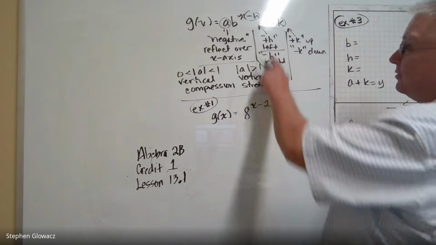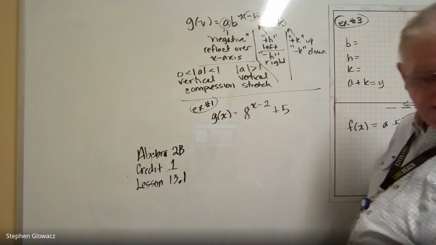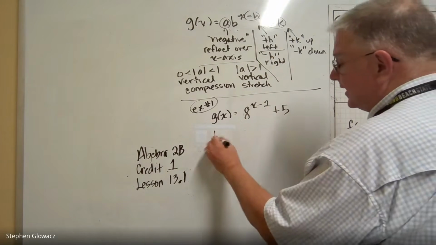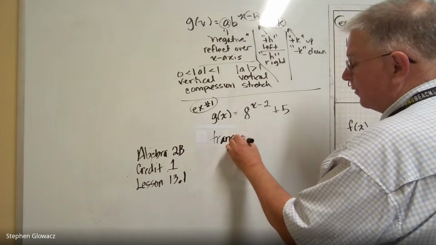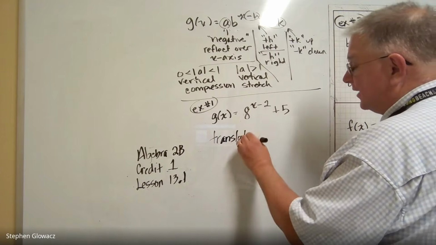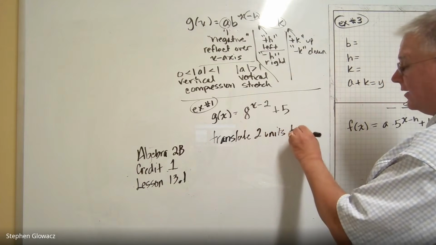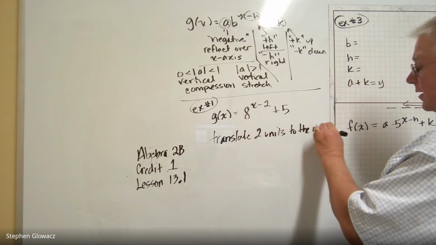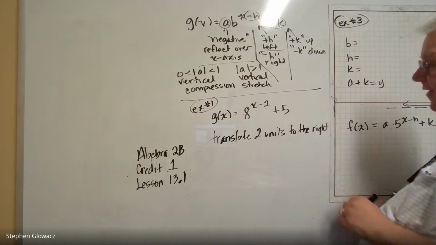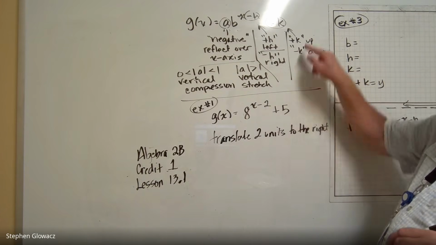Well, the minus 2 is in the position of H. Minus H is going to move us to the right. So that's going to translate, another way to say moving or shifting, 2 units to the right. And then the plus 5, that's in the position of K. Plus moves us up.